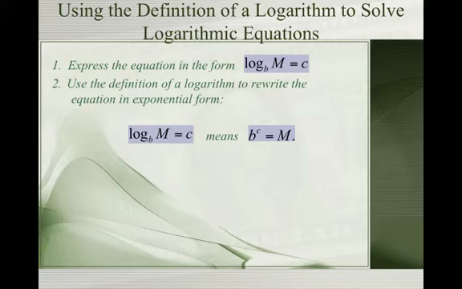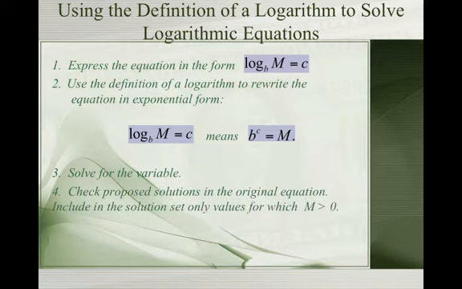All right, so log base b of m equals c is the same thing as base b raised to the c equals m. All right, and now we're going to solve for the variable once we're in that form. This is key, guys, and I'm going to say it twice just to make sure you guys listening to me hear me. Check the proposed solutions in the original equation.